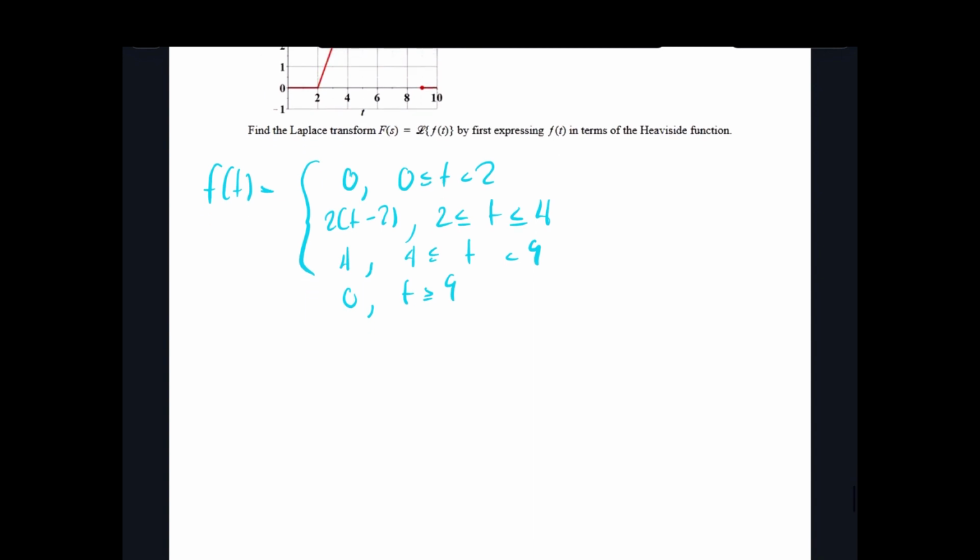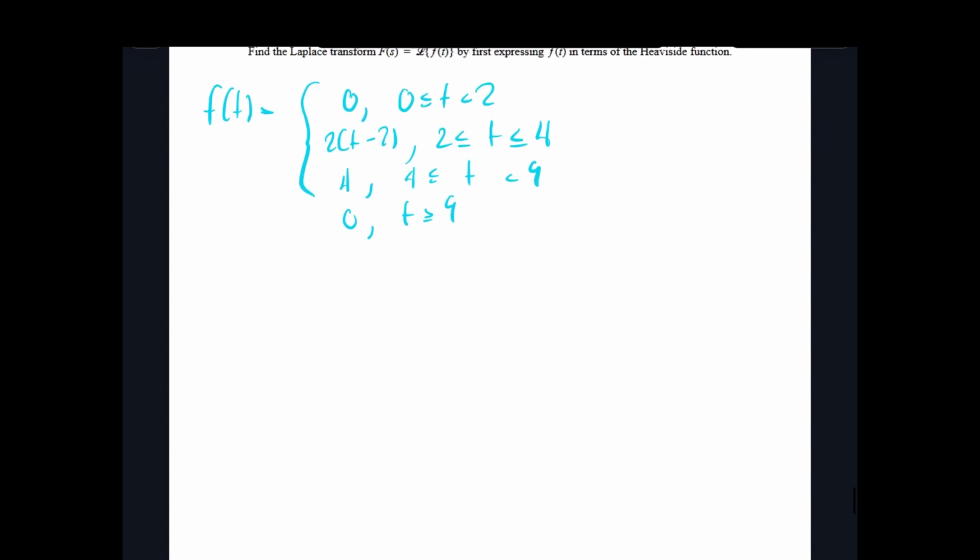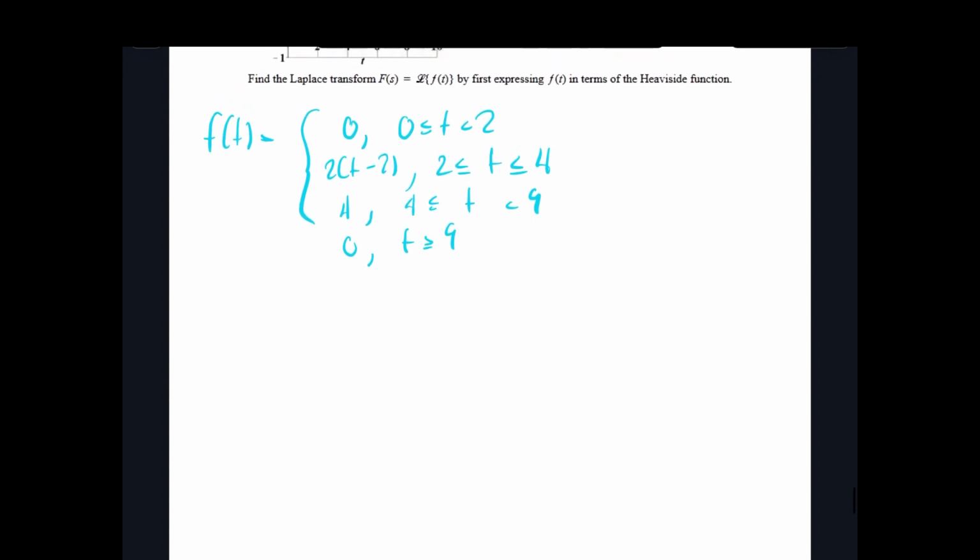And so what am I looking to do in this question? Find the Laplace transform. So really all I need to do here is go f at t equals; the first one is 0, so I don't even have to write that.